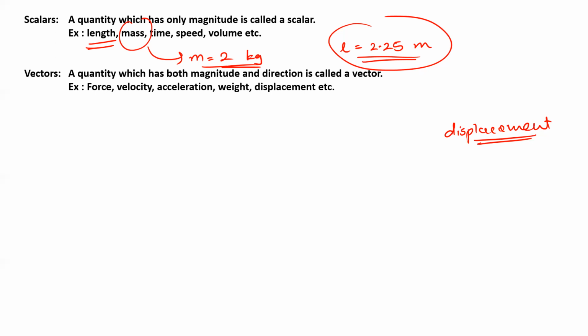But what is magnitude? It is the distance between some particular points. Suppose I need to go from my house to the MES junction. I have to go like this, then turn, and then here. That is the MES junction.